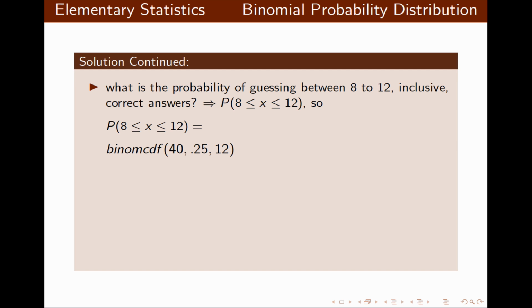First, we use for the right-hand side number, the 12, the larger one, minus another binomial CDF with the smaller number, minus 1. So the smaller number here is 8. 8 minus 1 will give us 7. We use the TI calculator to complete this task, and the answer is 0.6389.